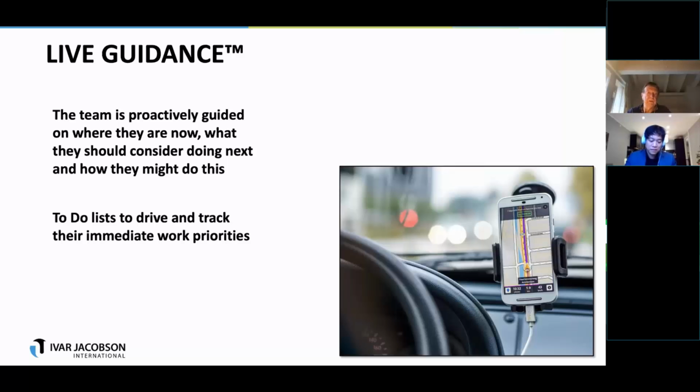Yeah, you can of course go and read. Here instead, the guide will tell you what to do. It will not force you to do it, but it will suggest something to do. And that will create to-do lists, which help you to do the job. So it's almost like a GPS system for us.